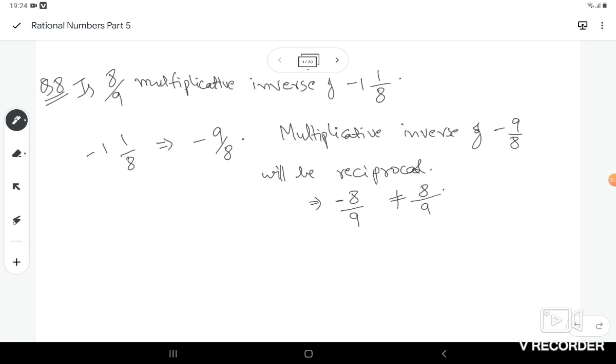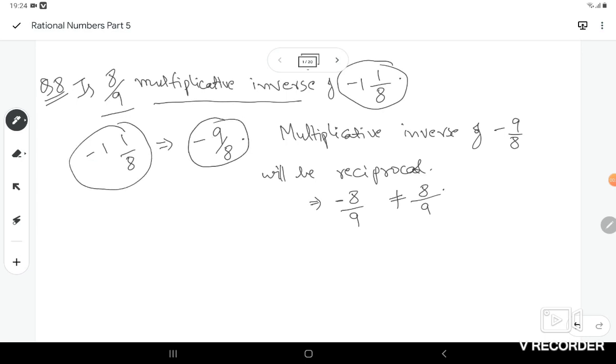So question 8 says, is 8 by 9 the multiplicative inverse of the mixed fraction minus 1 by 8? First of all, we have to solve minus 1 by 8 and then check if it is the multiplicative inverse of 8 by 9. So minus of minus 1 by 8 comes out to be equal to minus of 9 by 8.